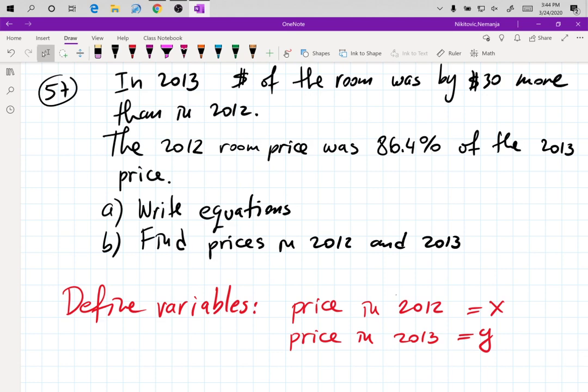So what we do here is we write the equation by saying in 2013, well, 2013, that's a y. The price of the room was 30 more than in 2012. So that has to be x plus 30.